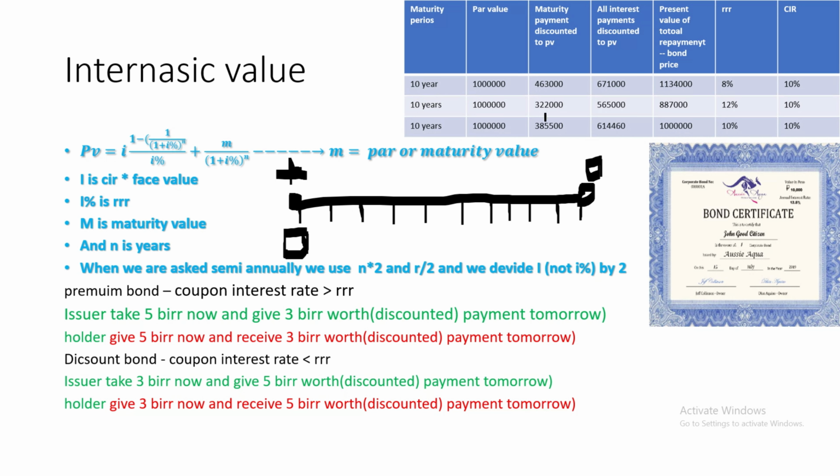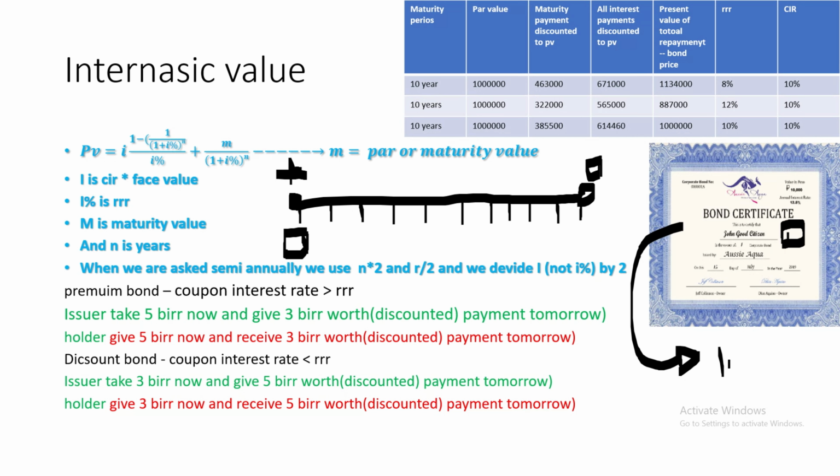The other is the par value. Par value is a stated value on the bond, or a promised value on the bond. For example, in this case the $1 million. This bond is promising to pay $1 million after 10 years.